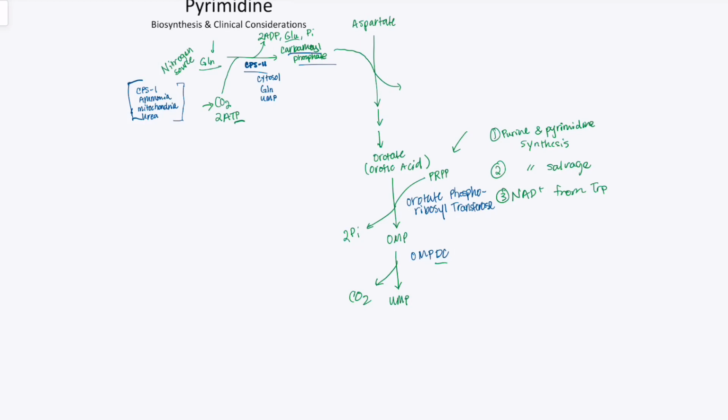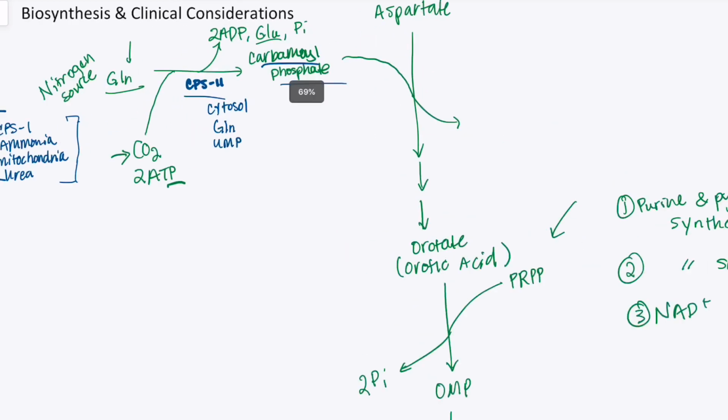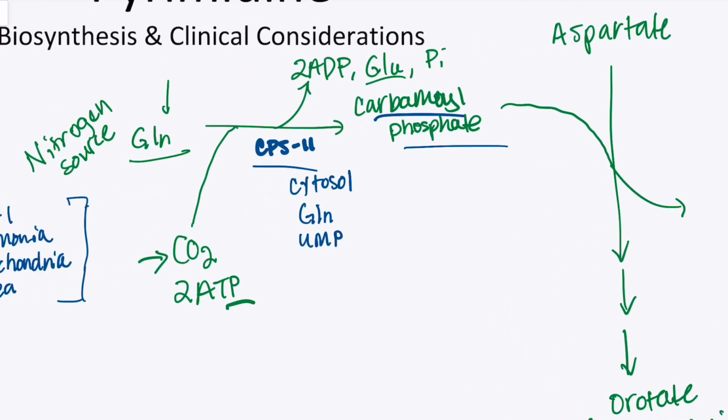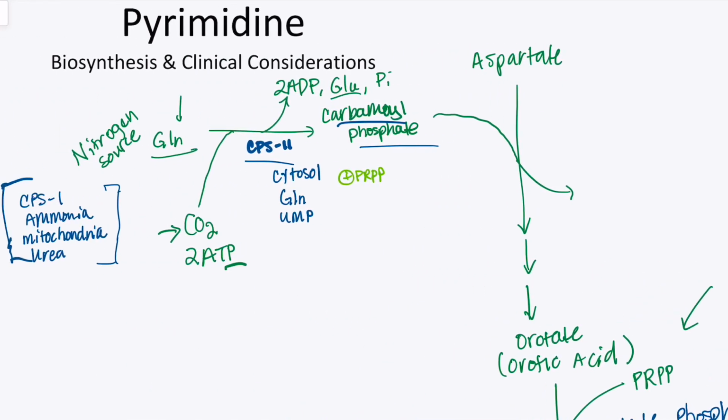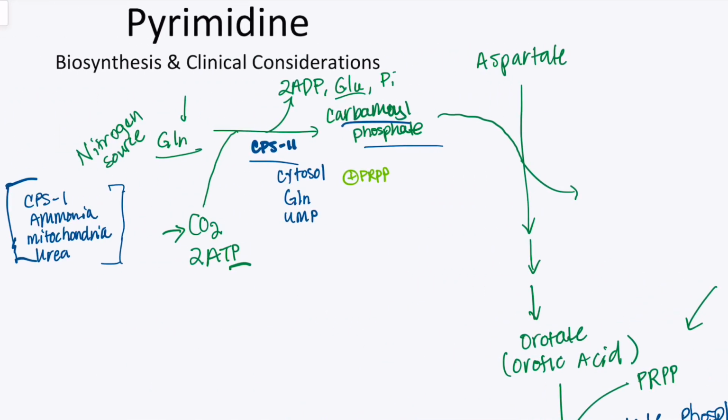Well, CPS2 is a really important enzyme because it has allosteric regulation. So it can actually be allosterically activated by PRPP. So that is another role of PRPP. And if you remember from my other video on purines, you know that PRPP also acted as an allosteric activator to glutamine phosphoribosyl amidotransferase. So please go review that video if you don't remember that.